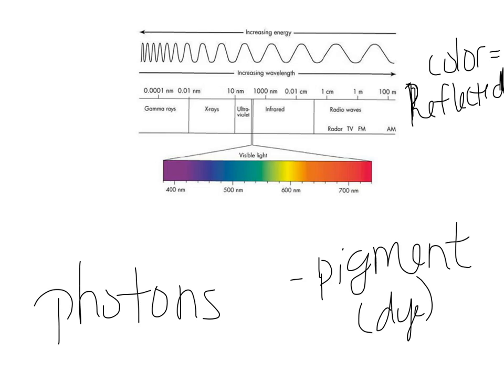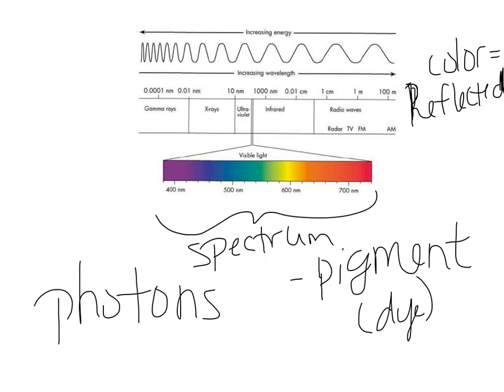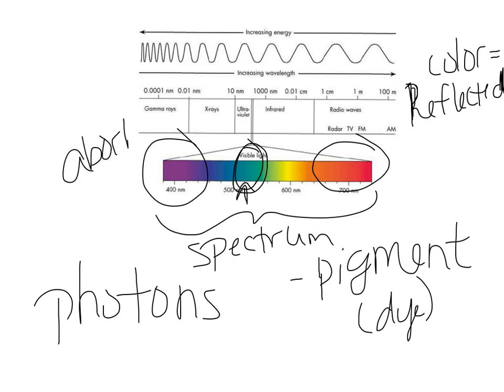Okay, so for example, you can see here in front of us we have the visible light spectrum. Again, that was one of our vocabulary words, this range of objects, the spectrum. And plants usually appear green, which means they reflect wavelengths of light really between 500 and 600, and they absorb wavelengths of light in the purple range, about 400 nanometers, and in the red range, about 700 nanometers.